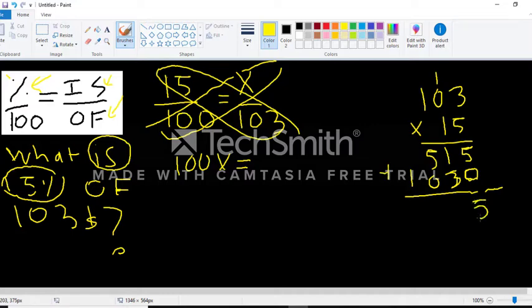This is going to be 5. 1 plus 3 is 4. 5 plus 0 is 5. And carry the 1 down. So we are telling ourselves that 103 multiplied by 15 is in fact 1,545. Correct. We're going to take this number, bring it back over here.